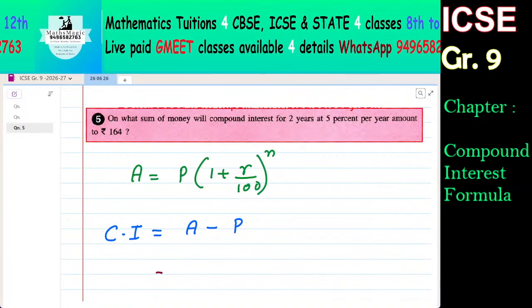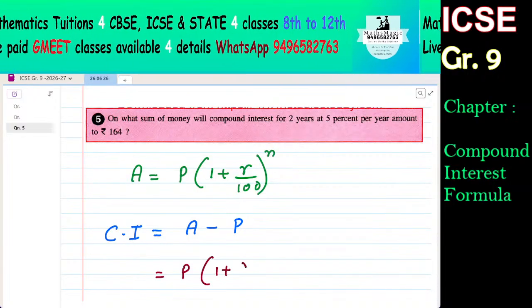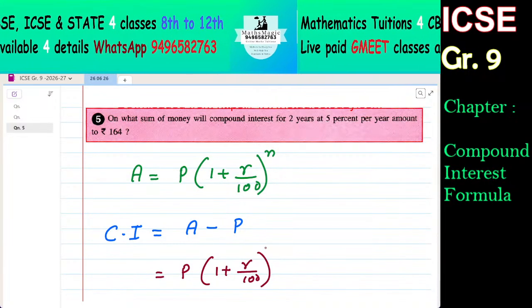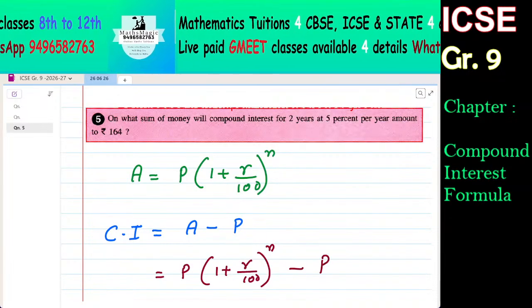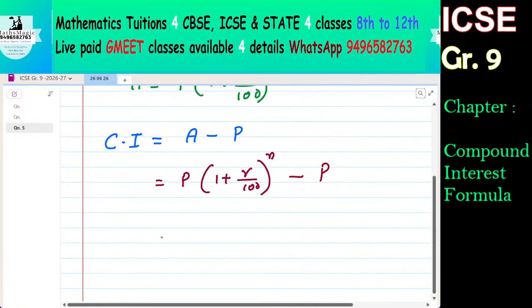So we have amount as P times 1 plus R by 100 to the power N, and we are subtracting a P, taking those P as common.